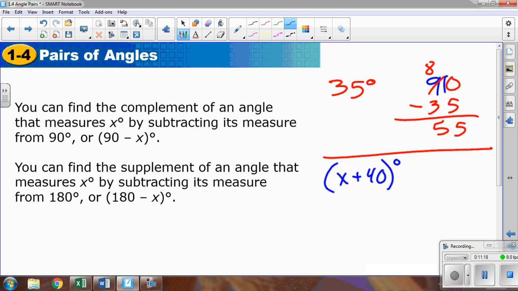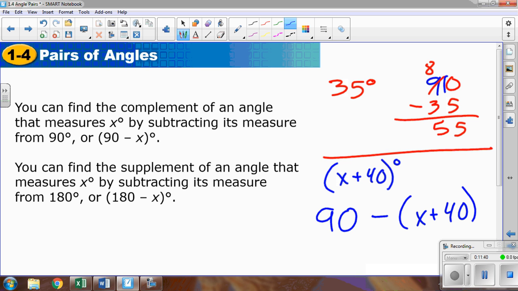We will follow the exact same thing that we did before. In this first example, we simply took 90, subtract off the 35. So we took 90 minus our angle. We'll do the same thing: 90 minus the angle. And that looks like our warm-ups.